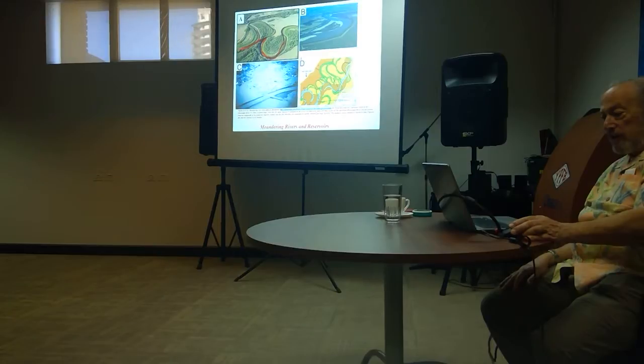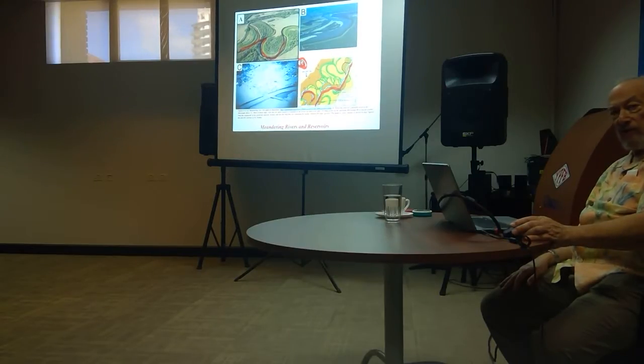If we look down here at number D, we see in this particular case, here's the modern river shown in blue. It's active. Down like that, you've got one of these oxbow lakes where the river got cut off, and the green are these mud plugs.